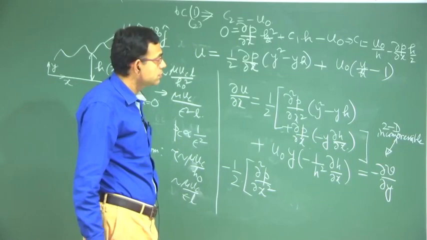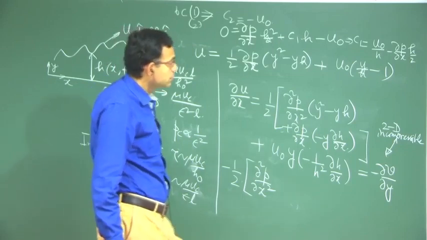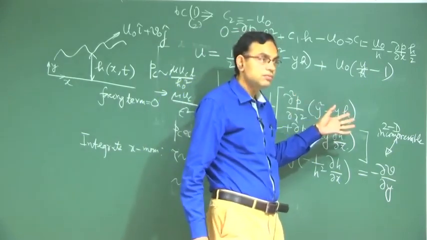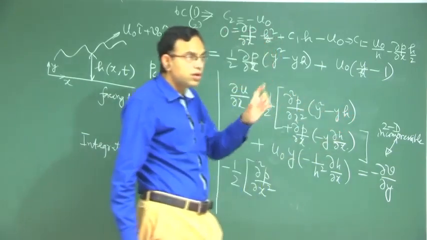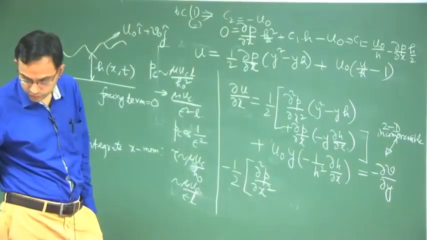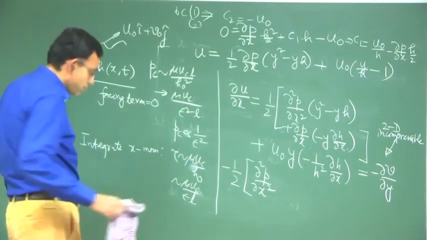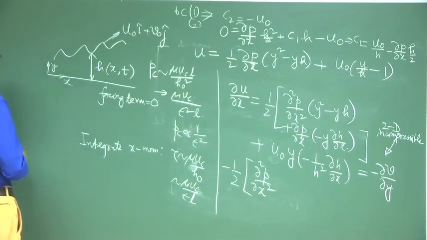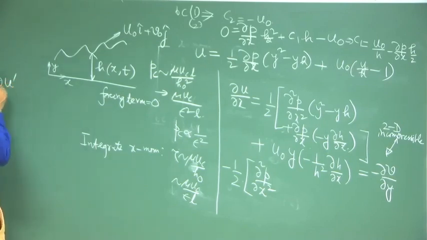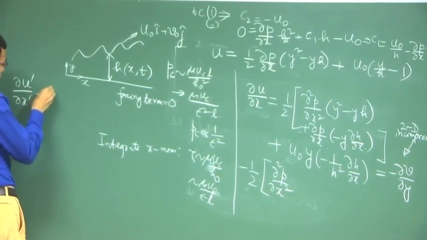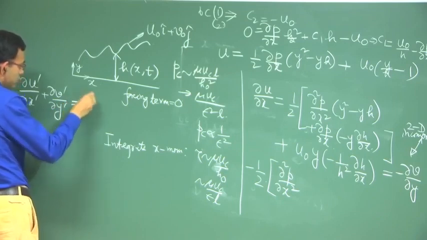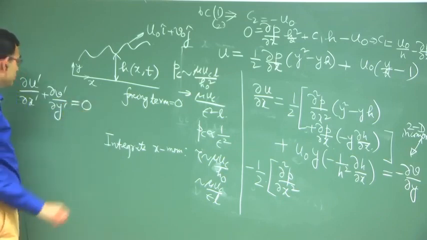the incompressible equation was for u prime and v prime. So when we convert it to u and v, there will come some constants in the leading order. In the leading order, let us check. So you have this one.